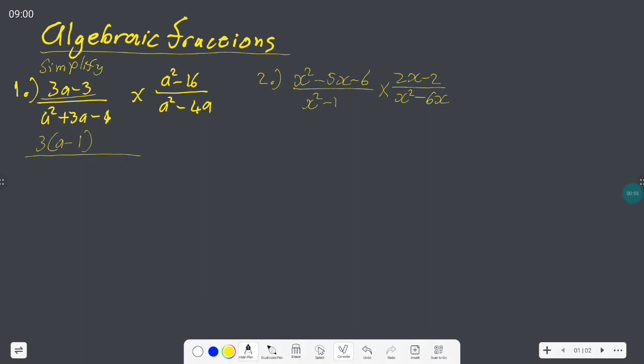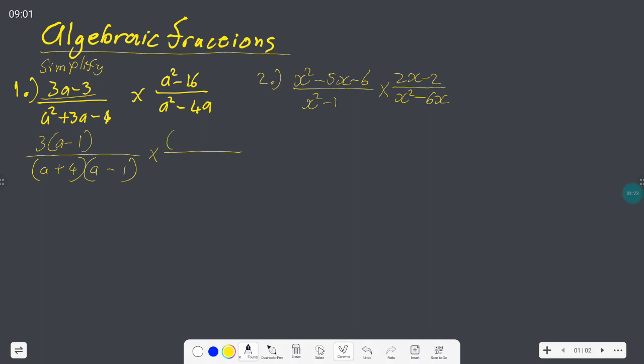And at the bottom, what can I do? It's going to factorize. What will be my bracket? A. Now I will have an A in each one. It's going to be plus 4 and minus 1. Times, what can I do here?